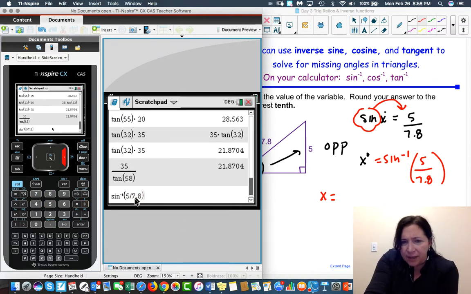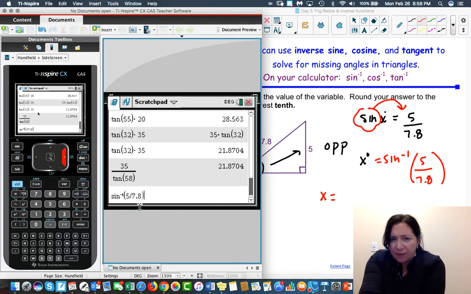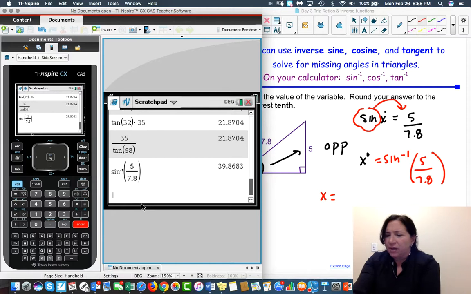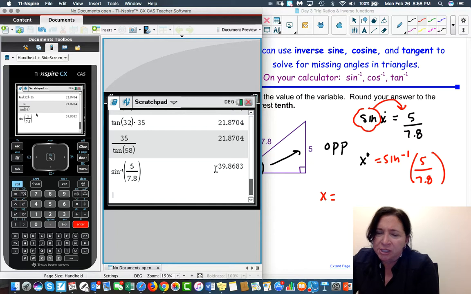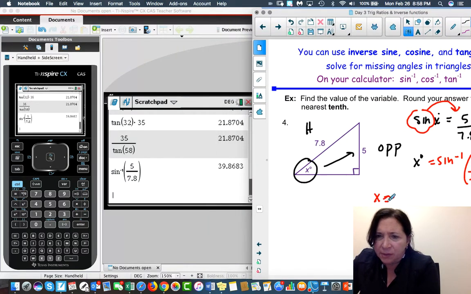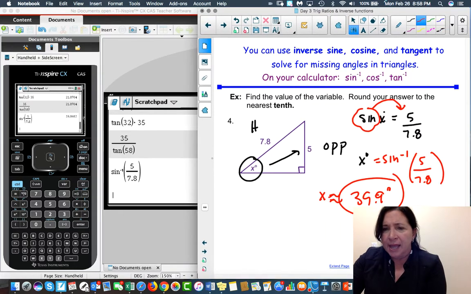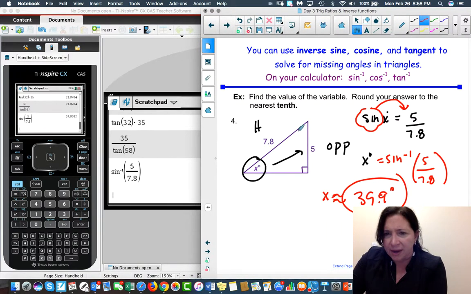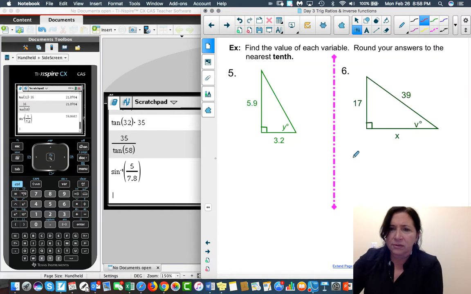If any of my questions have a decimal in them, all I have to do is press enter because it'll give me a decimal form. It's when I don't have a decimal in my question that I have to go back. Because I am approximating, this is going to be about 39.9 degrees. So x is about 39.9. And just so you know, had I wanted to find this other angle also, I would just go 90 minus 39.9 degrees. Okay, so that's what x equals.